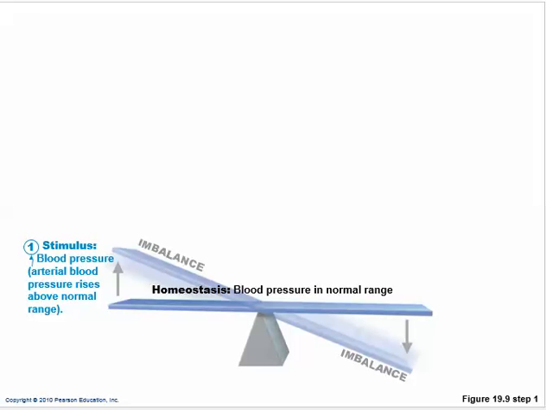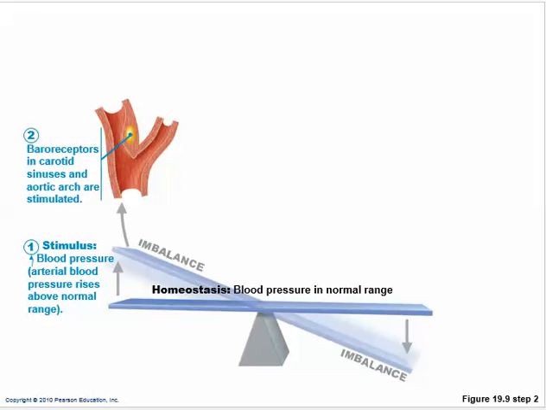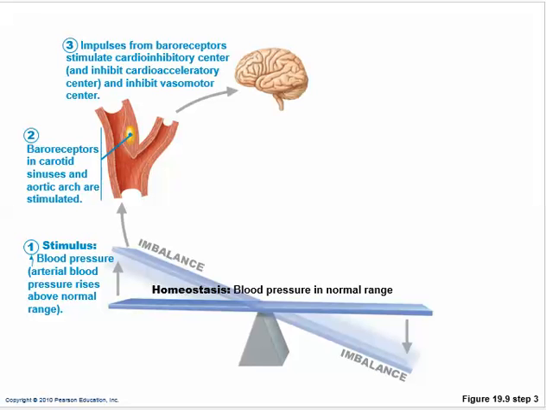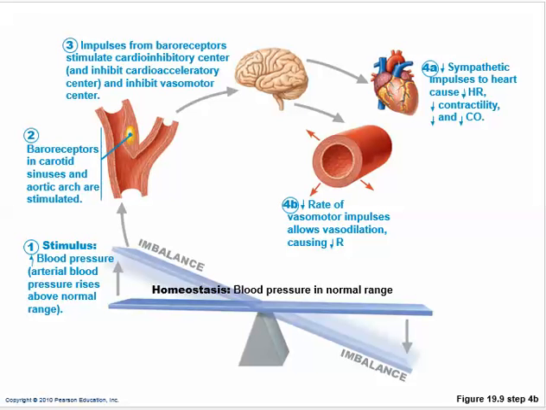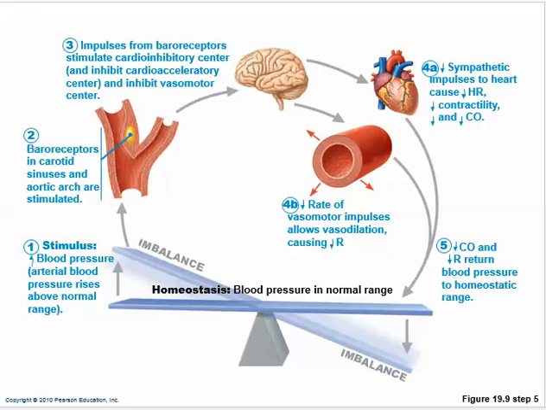I'm not going to worry about all of this too much, but basically baroreceptors look at the increased blood pressure, which then goes to the brain, which then decreases the sympathetic, decreases the heart rate, decreases contractility, decreases cardiac output, which then causes vasodilation, which then lowers blood pressure.